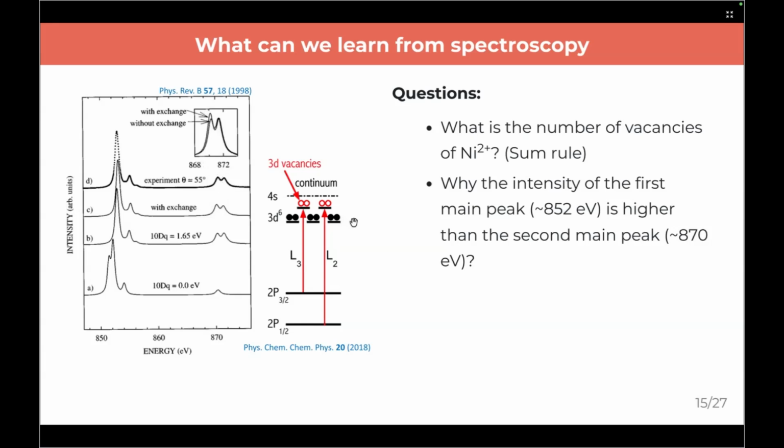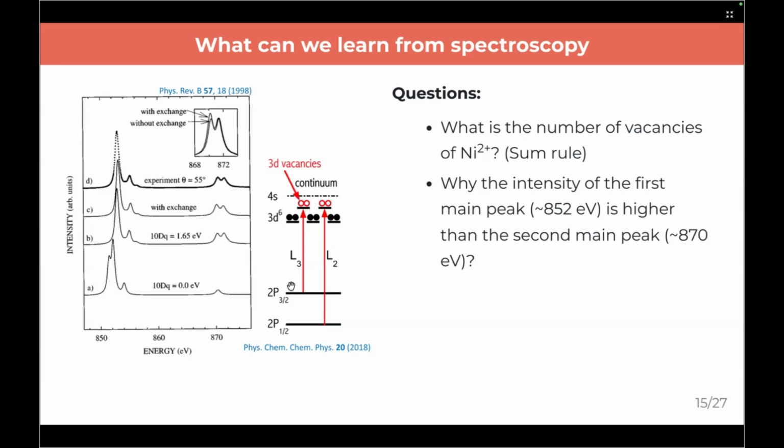From this example, you could see that sometimes it can be very subtle details, and of course you can also play with the parameters and see what effect they have. One intuition you can get from such spectroscopy is that you can use the so-called sum rules to get the number of occupancies.